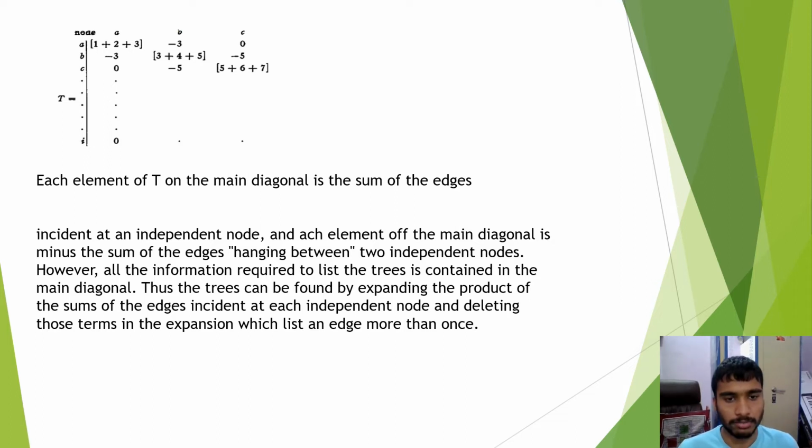However, all the information required to list the trees is contained in the main diagonal. Thus, the trees can be found by expanding the product of the sum of the edges incident at each independent node and deleting those terms in the expansion which list an edge more than once.